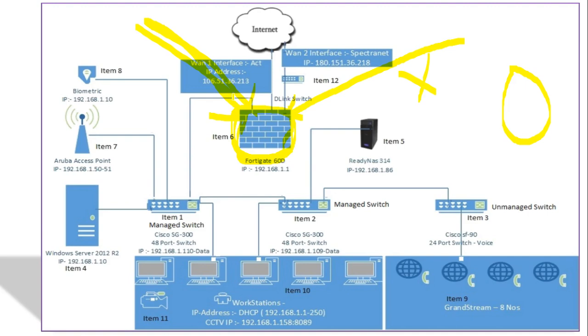And now you need to store your data internally at one secured location. So you may go for one NAS, network attached storage, and you may need to think about employee management, so you will think about one biometric.